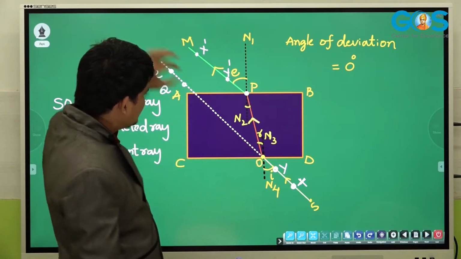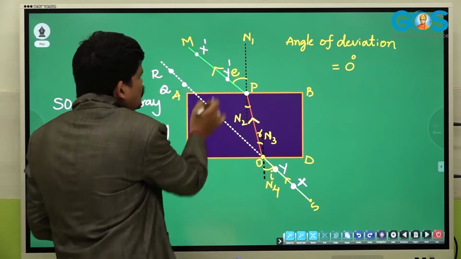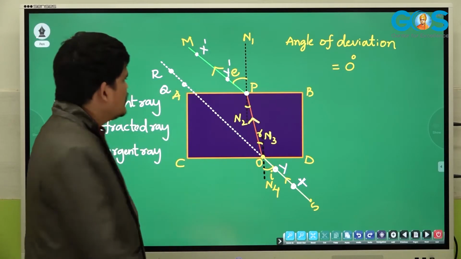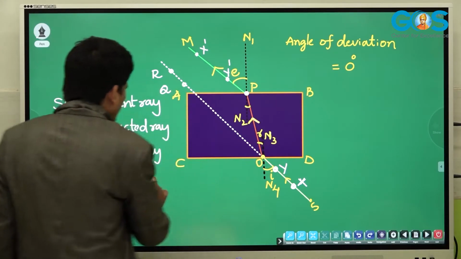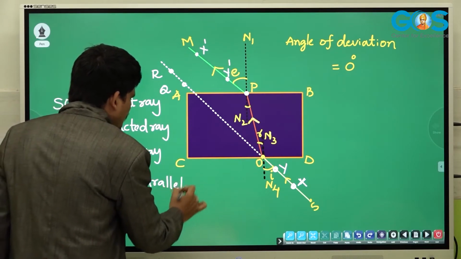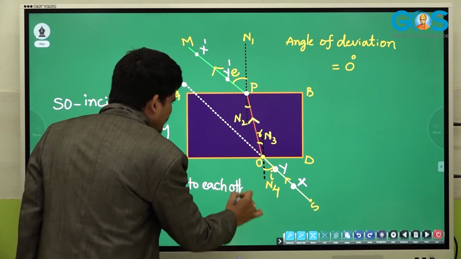The incident ray extension has been done here. Now see these two rays. How do these two rays appear? These two rays are parallel to each other.